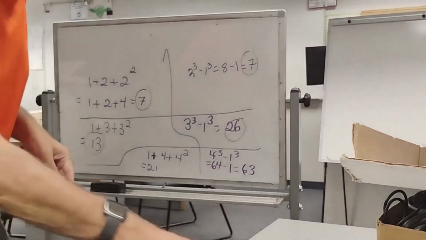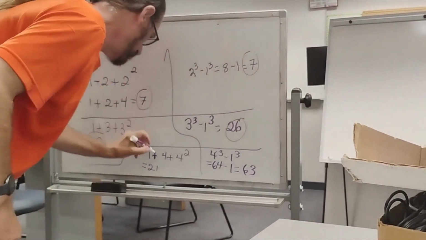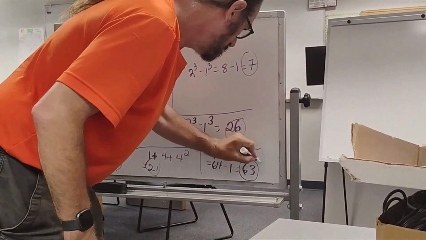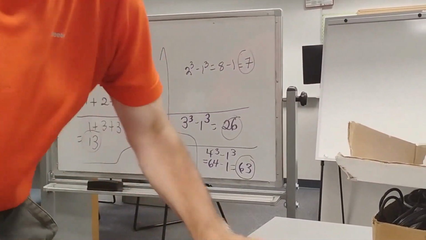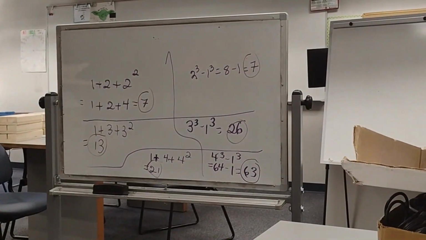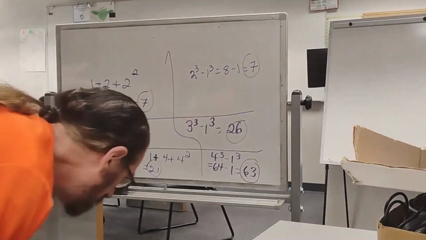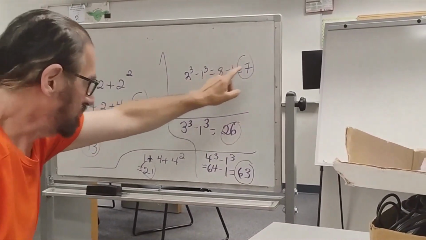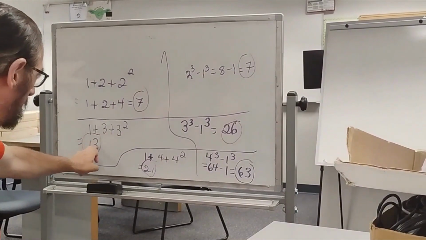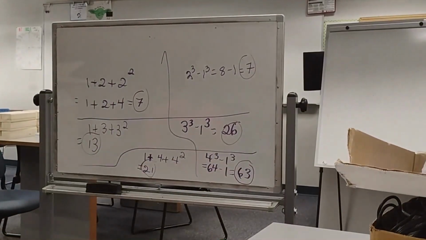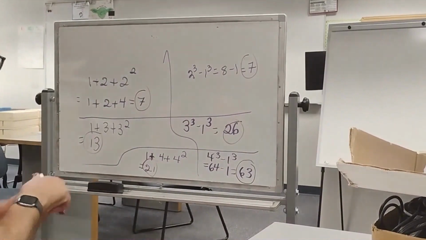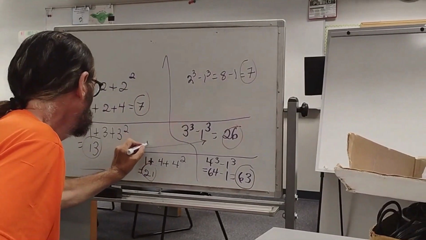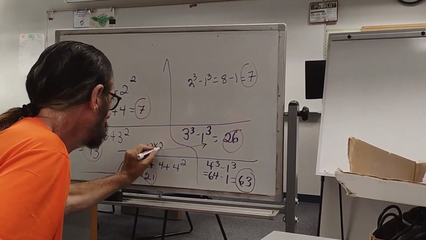All right. So this pair stayed exactly the same. How are 13 and 26 connected? Doubled. 13 times 2 would get us 26.